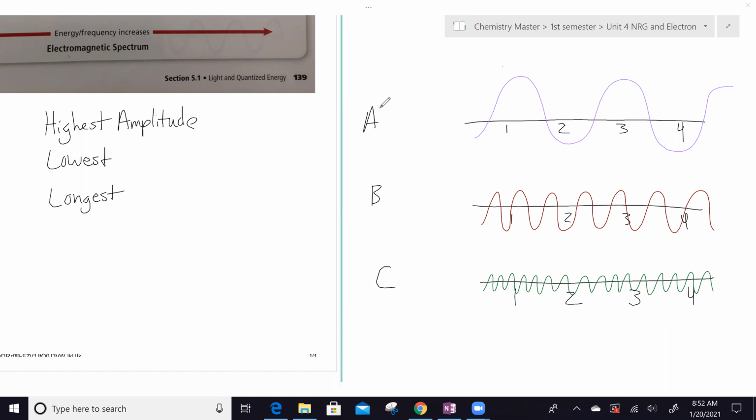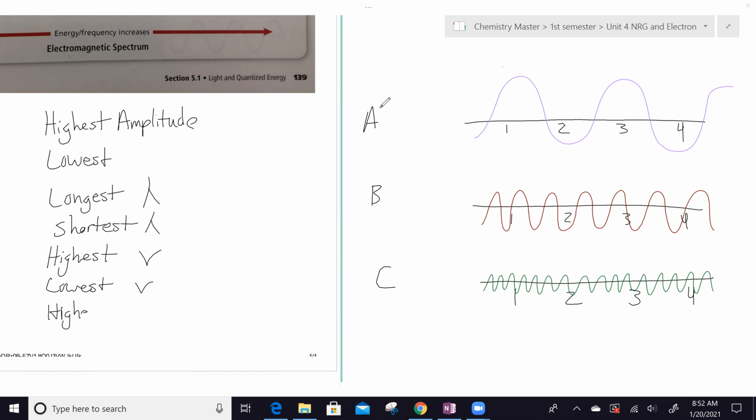Remember, that's lambda. It looks like an upside down Y. And I can also say the shortest wavelength. I could ask you for the one with the highest frequency. Frequency looks like a V. And the lowest frequency.